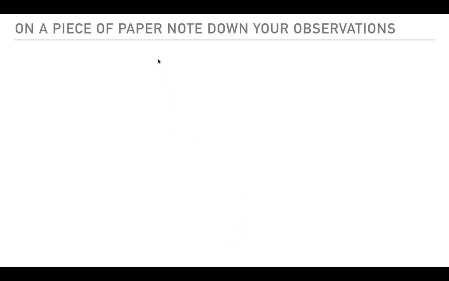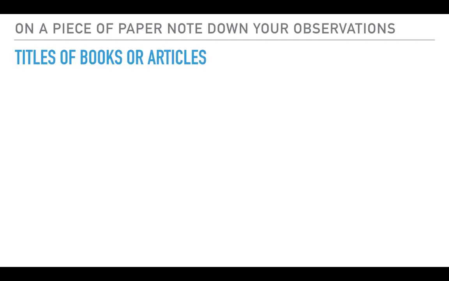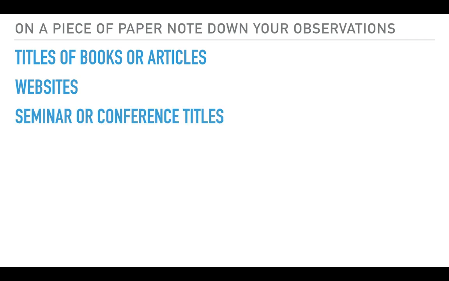On a piece of paper, you have to note down your observations as you Google search. For example, you will get ideas from titles of books or titles of articles. When you just look at a title, you will get some keywords and some ideas. Write them down. When you look up some websites, you will get more ideas.